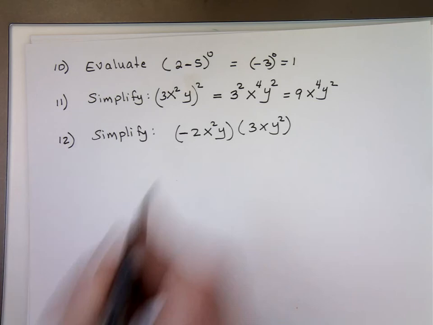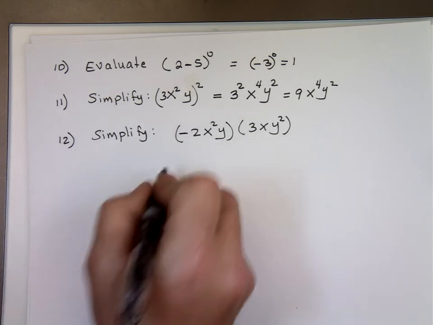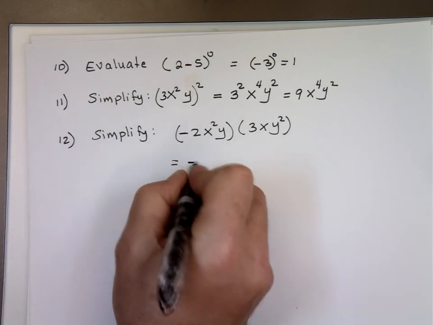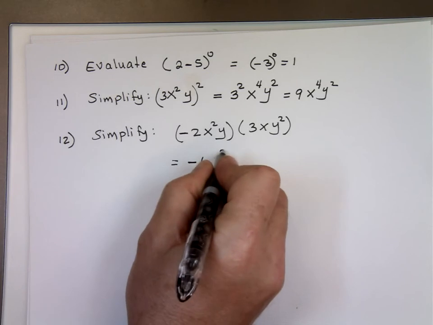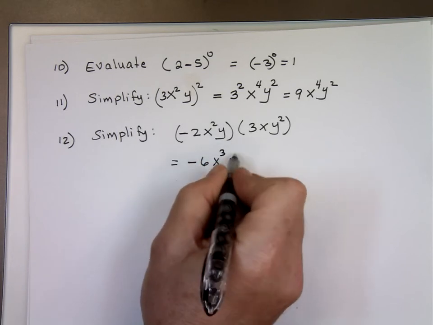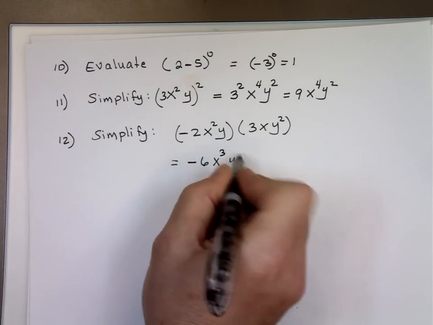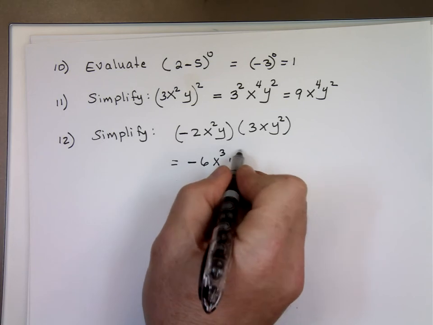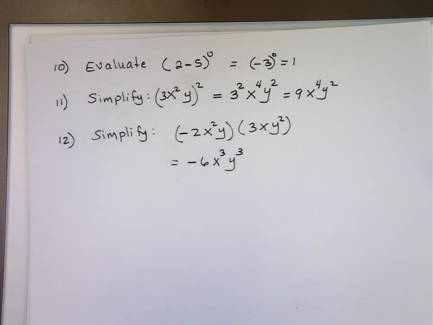What's negative 2 times 3? Negative 6x cubed. Yep. Y to what power? Try again. 3. When you multiply, you add the exponents. Yep. Multiply the numbers, add the exponents.